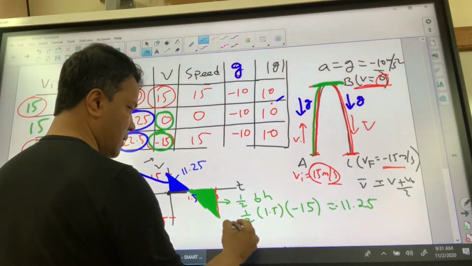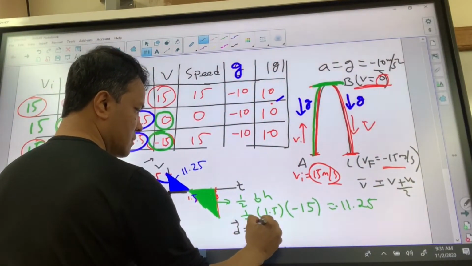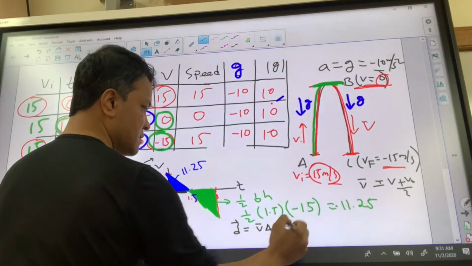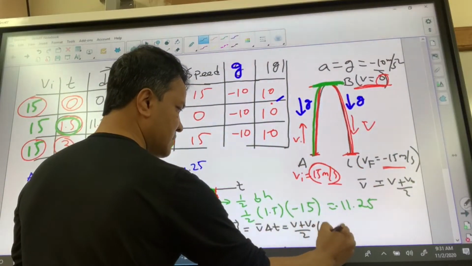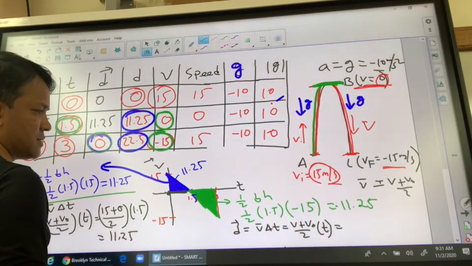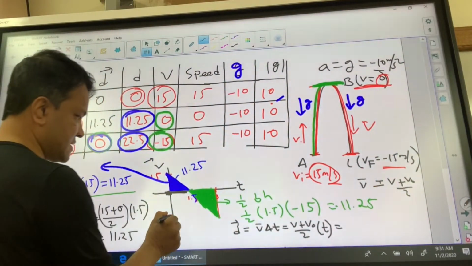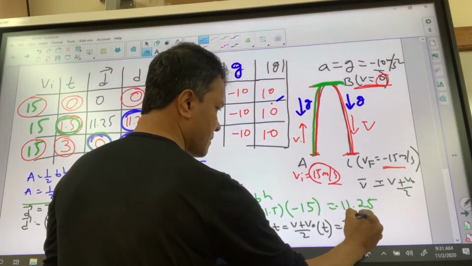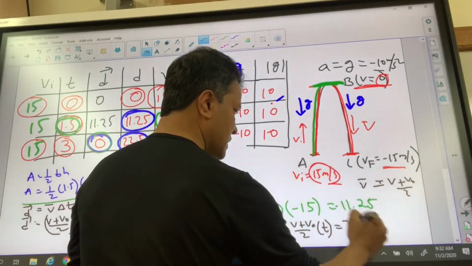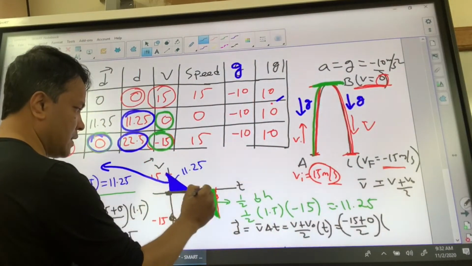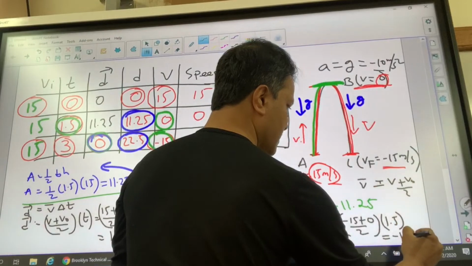Now we're going to do the other one. Of course, same formula: V plus V naught over 2 times delta t. What is V? V is negative 15, plus V initial is 0, over 2, and the elapsed time is 1.5, and that is negative 11.25.